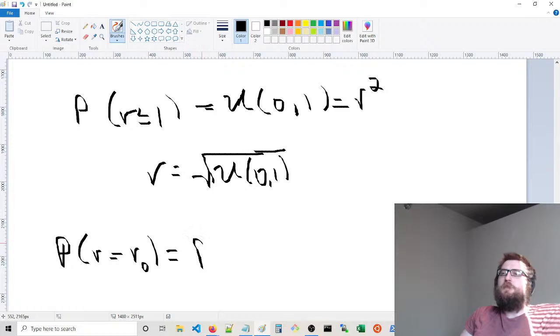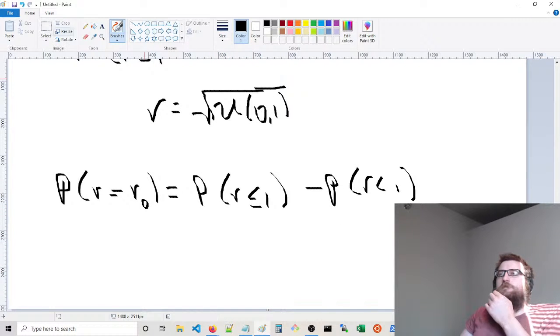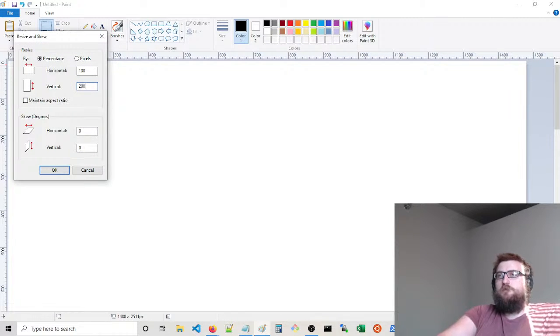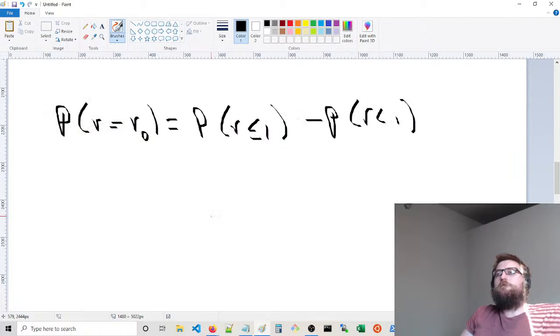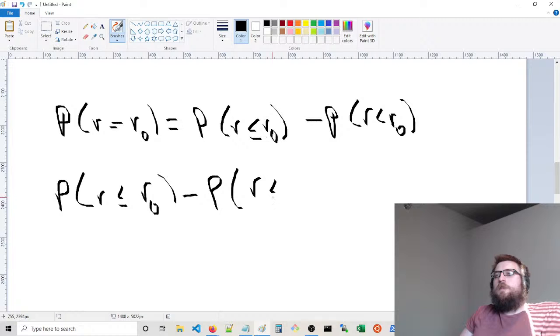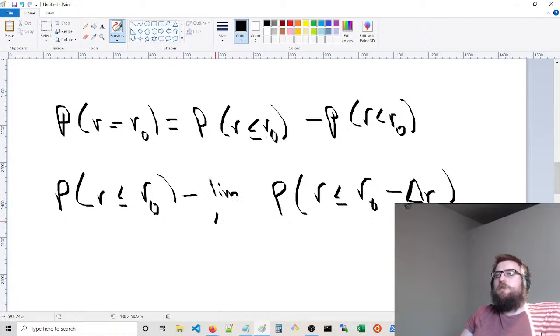Then it has to be the probability of R less than or equal to R0 minus the probability of R less than R0, which is the probability of R less than or equal to R0 minus the probability of R less than or equal to R0 minus delta R, as the limit as delta R approaches 0.